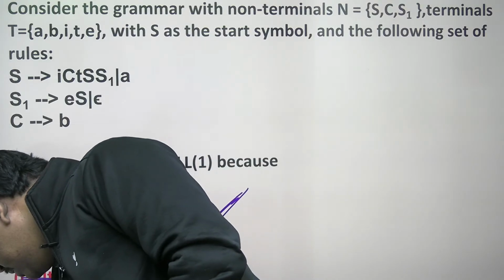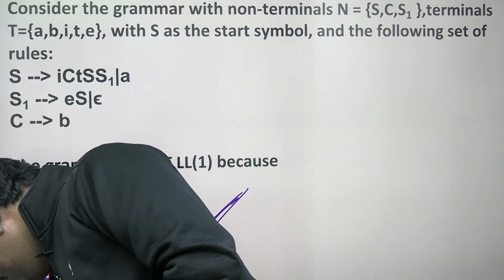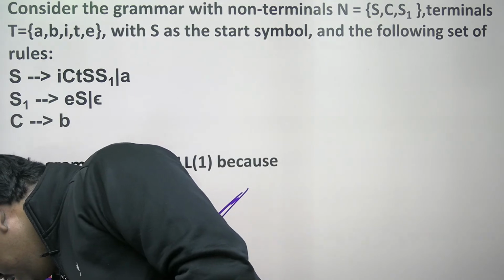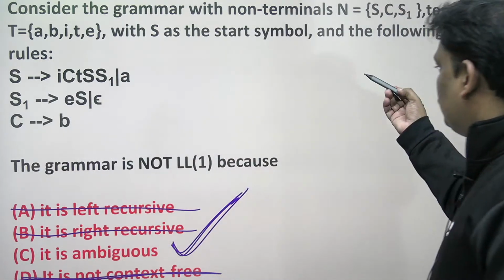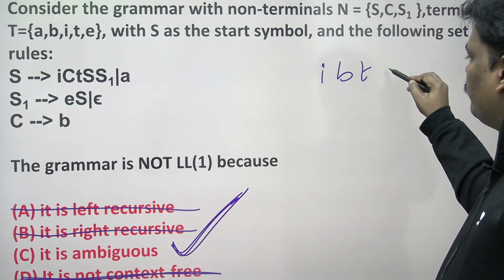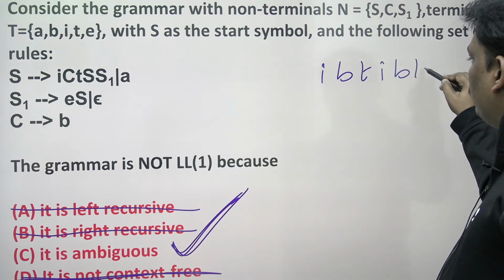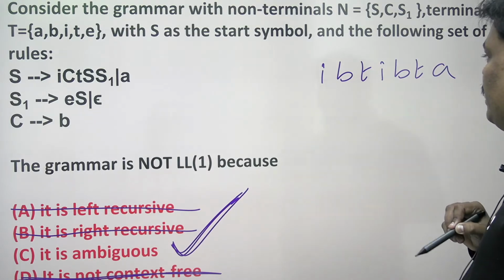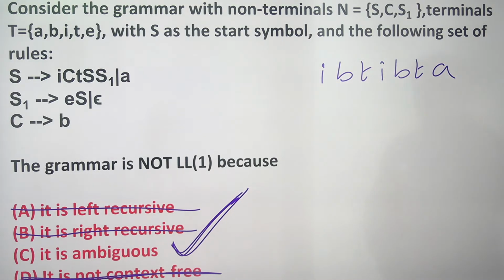Someone is saying IBT, IBTA. Let's see this one. Someone is saying IBT two times followed by A. Let's try this.